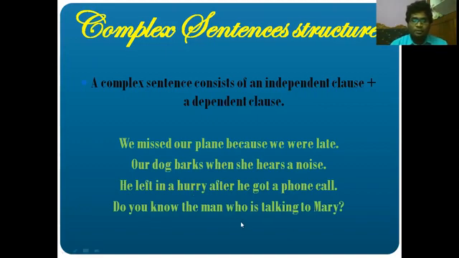Here, "do you know the man" is followed by "who", which is used to make the clause show its dependence. So this is how the complex sentence structure is used. A complex sentence must have an independent clause as well as a dependent clause, without which it is not considered a complex sentence structure.